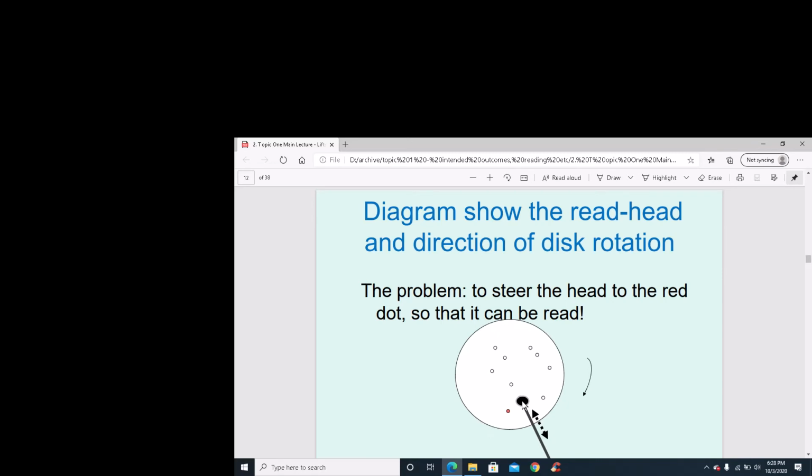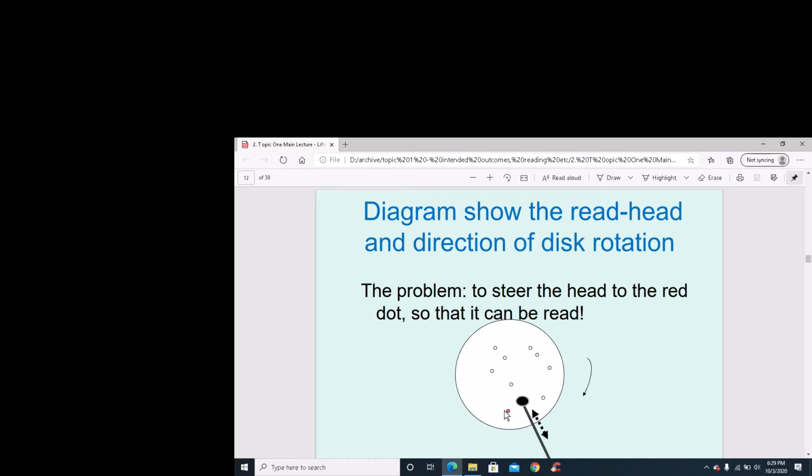Here I've got a representation of the read or write head, and it's capable of moving from the edge of the platter all the way to the center, or at least towards the center. And the platter is moving at quite a high angular velocity in radians per second, or in terms of miles per hour, whatever you like to do.